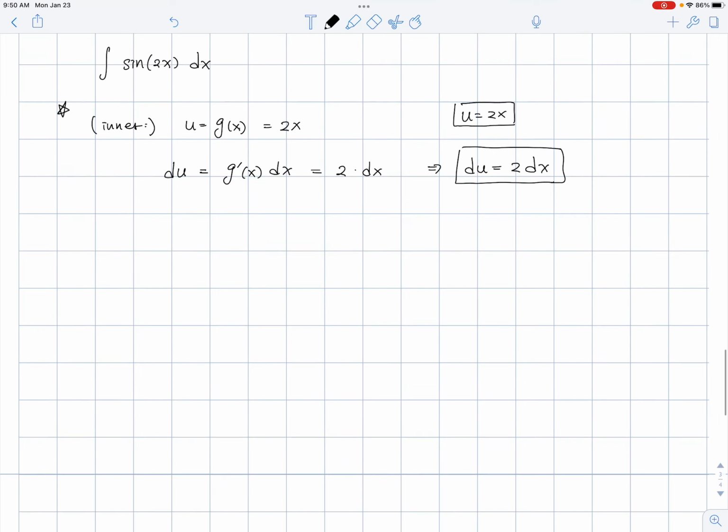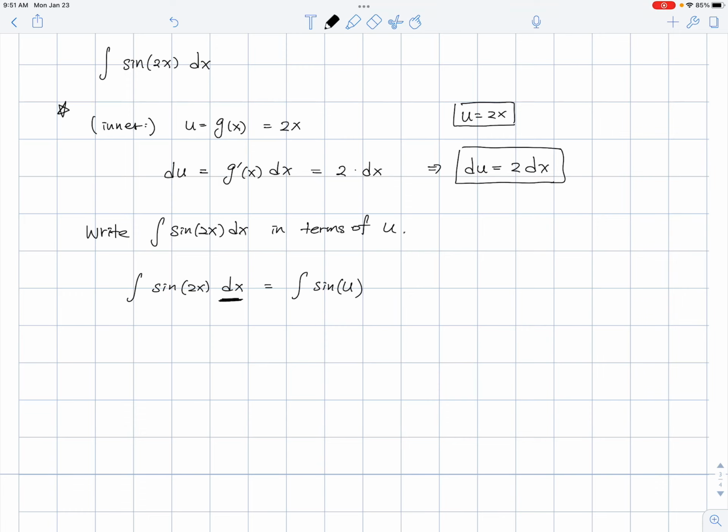So what we're gonna do next is write the original integral in terms of u. So now sine of 2x becomes sine of u.